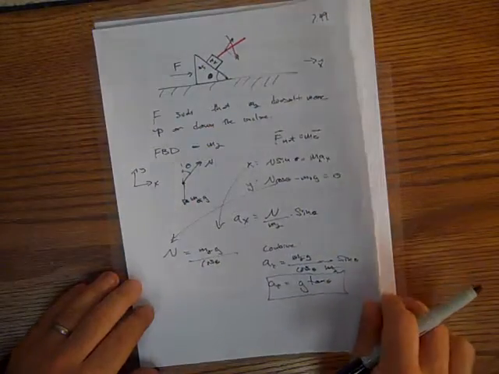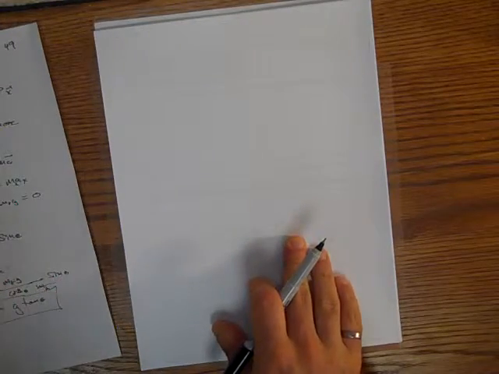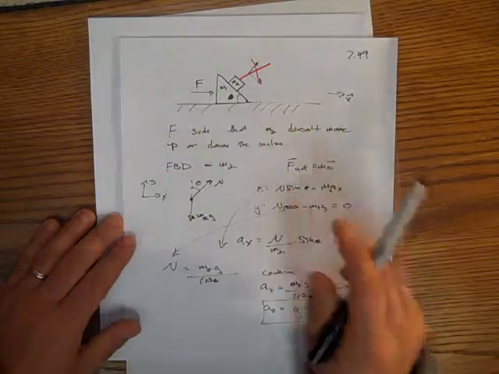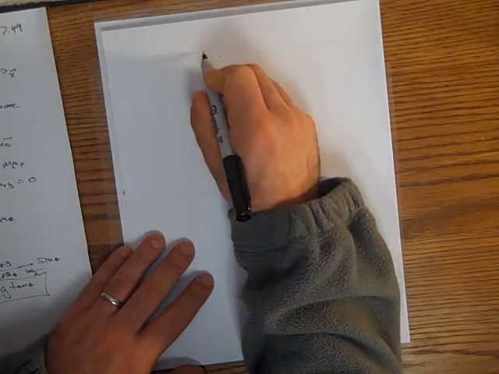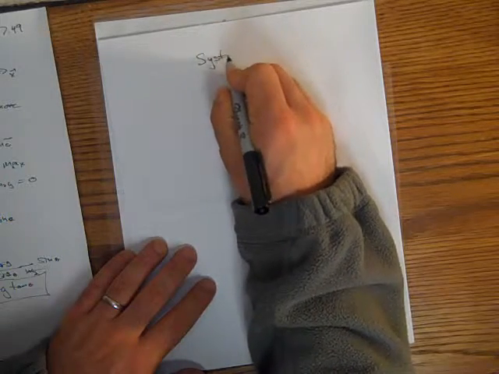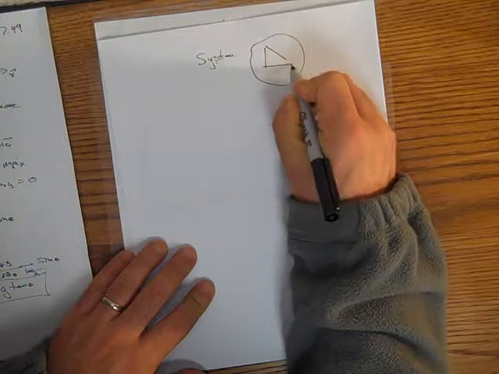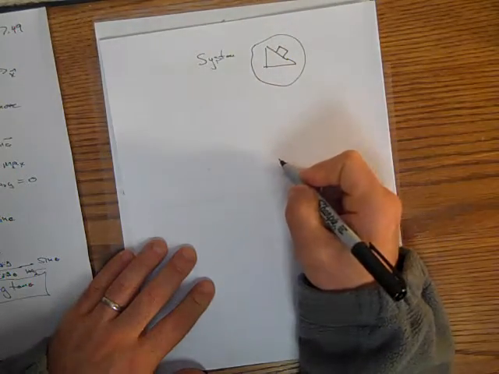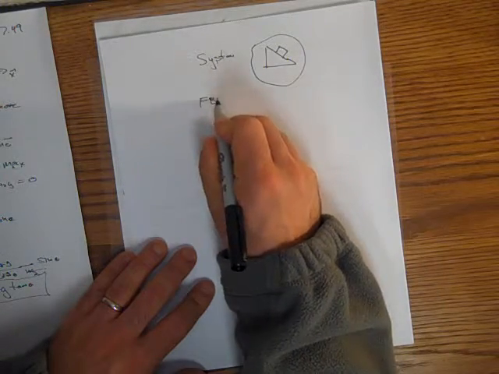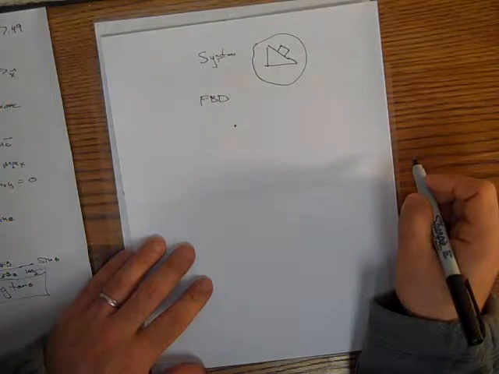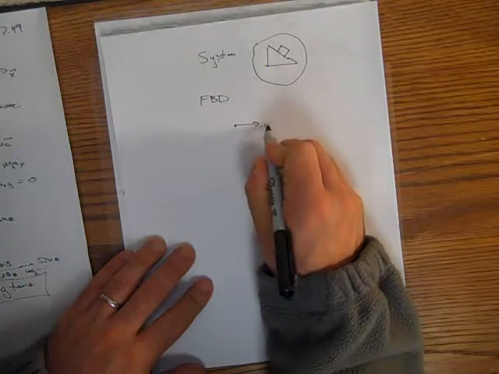Now, the acceleration of the smaller block in the x direction, because m1 and m2 are connected, is going to be the same as it is for m1, the same as for the whole system. So my system is now the whole wedge-block system. If I do a free body diagram on the entire thing, in the x direction the only thing that acts is my applied force.